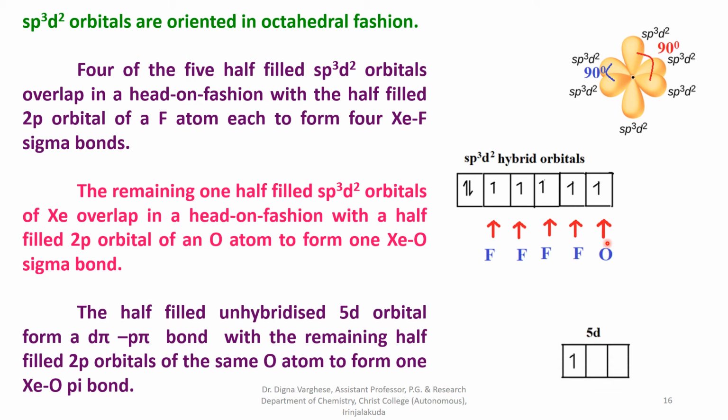The remaining unhybridized 5d orbital forms a dπ-pπ bond with the same oxygen atom to form XeO pi bond.